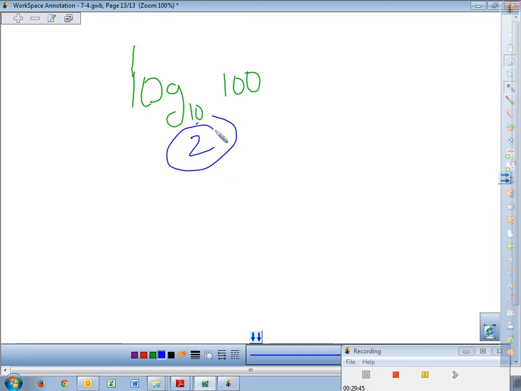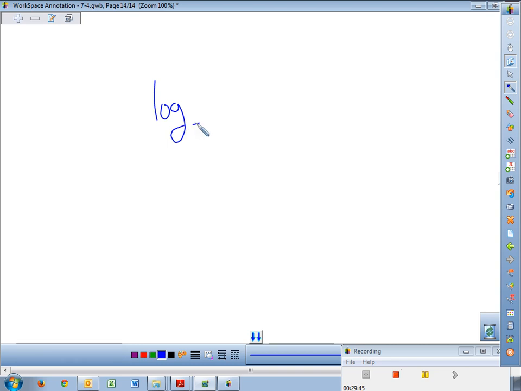That's the same thing, right? Log base 2 of 8. 2 to what power equals 8? 3. These are all your non-calculator questions on the test. Log base 5 of 25, what's that equal? 2. Right?